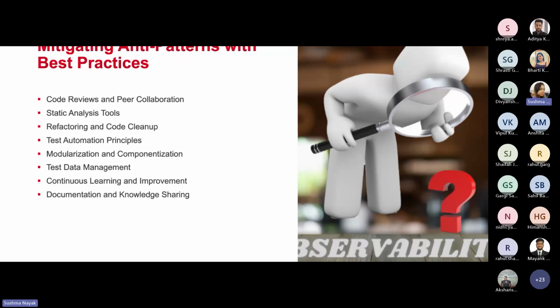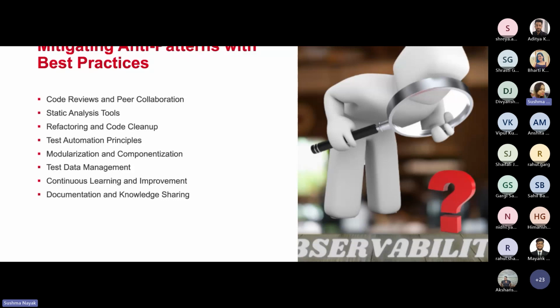Now the third one is refactoring and code cleanup. Regular sessions should be scheduled for refactoring, to clean up the code and address identified anti-patterns. Now the next one is test automation principles.